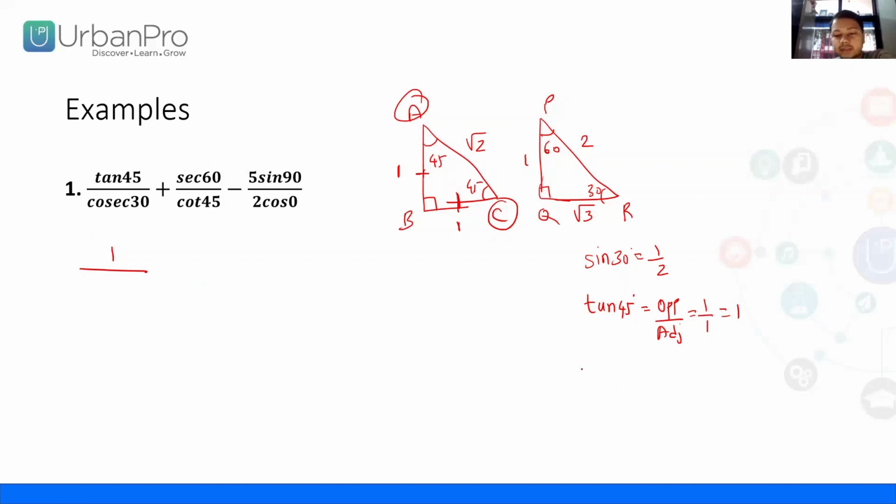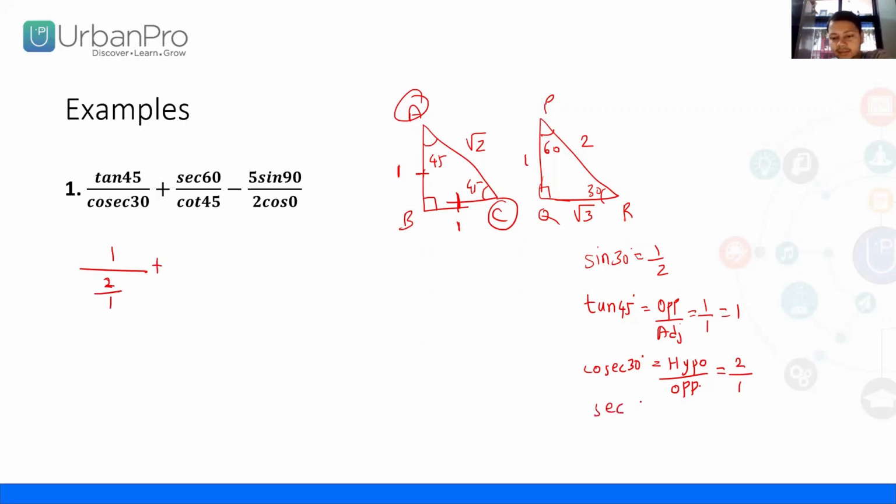Then cosec 30. The formula for cosec is the inverse of sine. Sine is opposite upon hypotenuse, so cosec will be hypotenuse upon opposite. For 30, hypotenuse is 2, opposite of 30 is 1. So it's 2 by 1. We will write here 2 by 1.